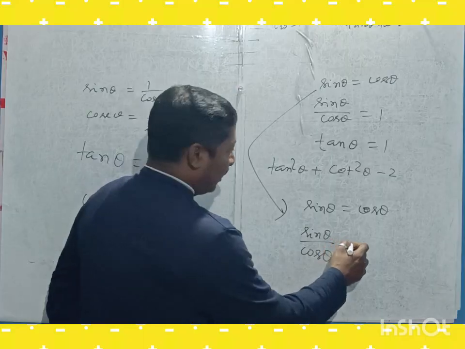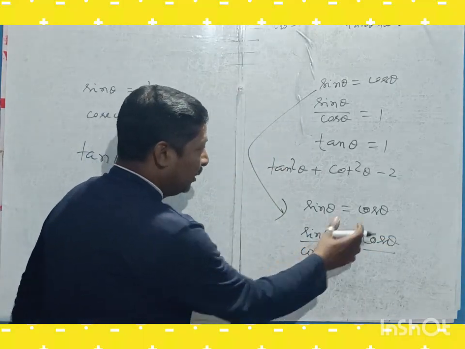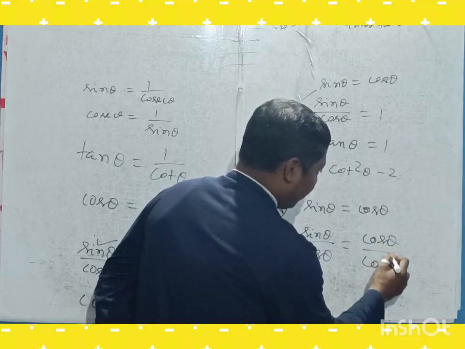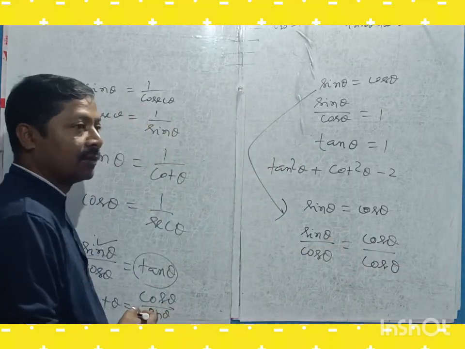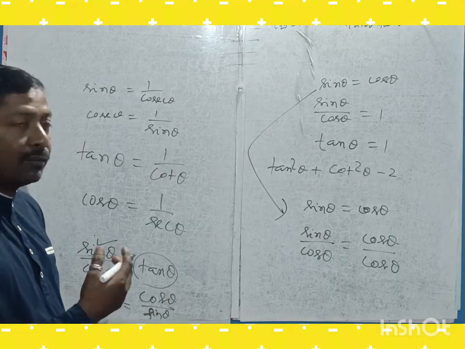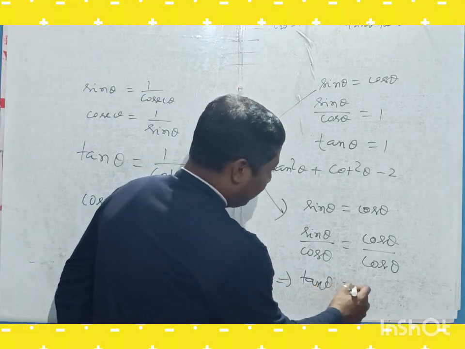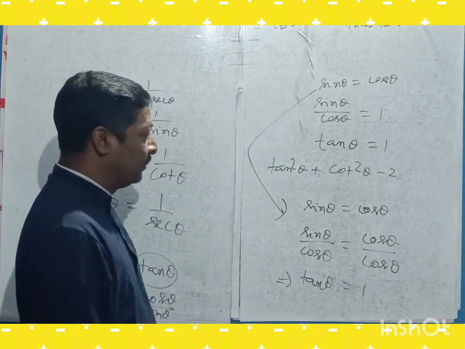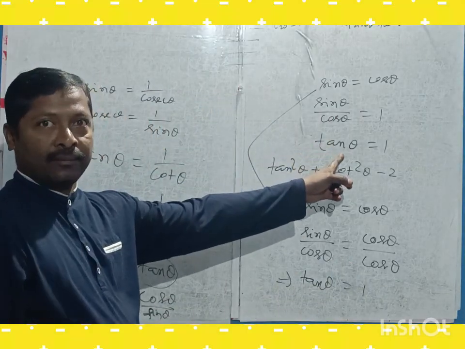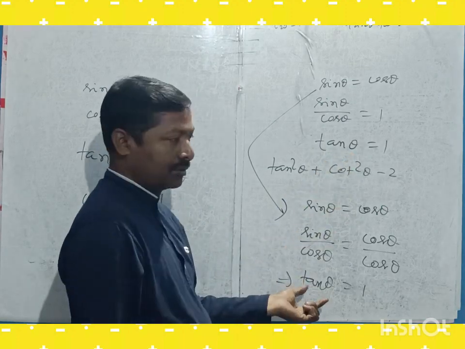If I divide the left hand side by cos theta, I have to divide the right hand side also by cos theta to maintain the same value. So this one is now tan theta, and cos theta by cos theta is 1. So you can calculate either in this way or in this way also.